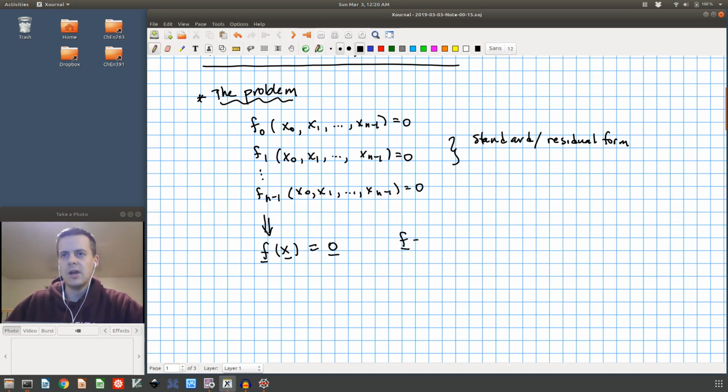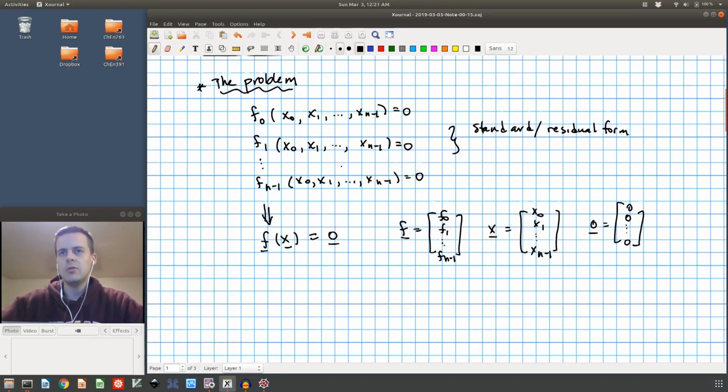In this case, f is f0, f1 to fn minus 1, and x is also this vector x0, x1, all the way to xn minus 1. And 0 also is this vector of zeros: 0, 0, down to 0. So this is just a more compact version of this guy up here.